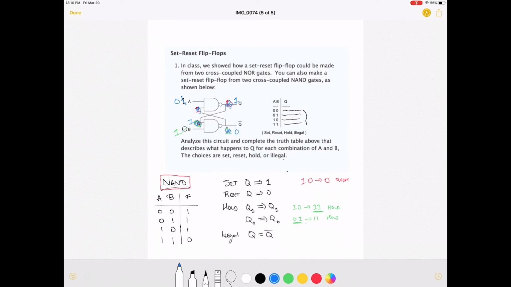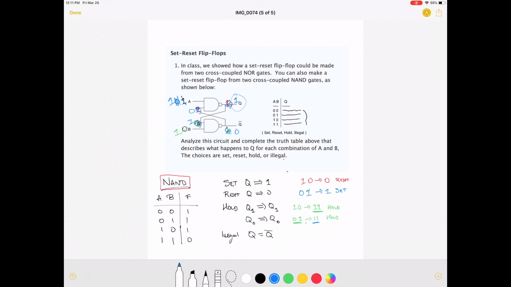And then this becomes a 0. And we reached another steady state. But this time, 0, 1 made Q a 1, which means that one's going to be set. And to confirm that 1, 1 is hold, let's change this 0 up here to a 1. When we change that to a 1, this one over here doesn't change, which means that nothing will end up changing. And so now we can confirm that 1, 1 is hold.